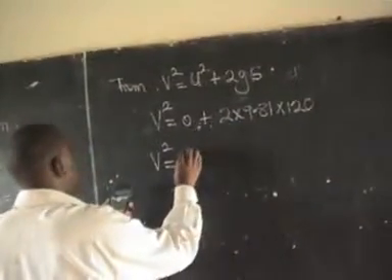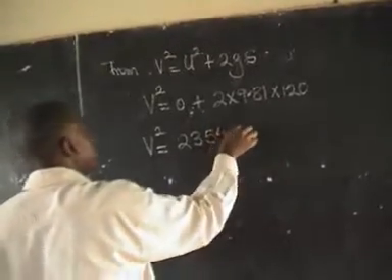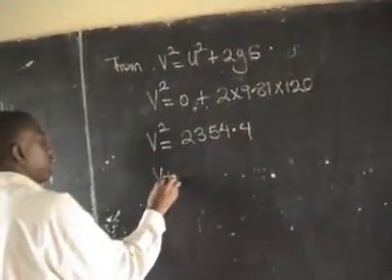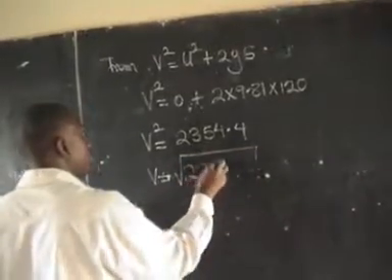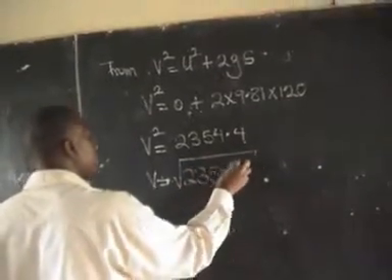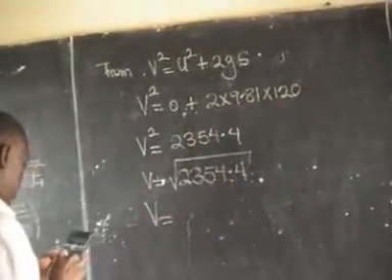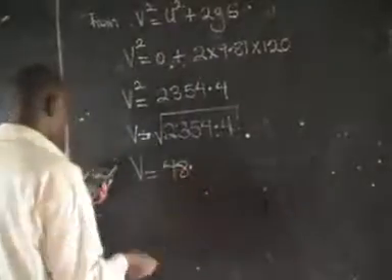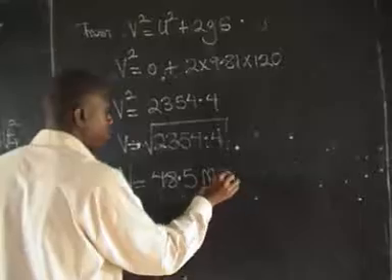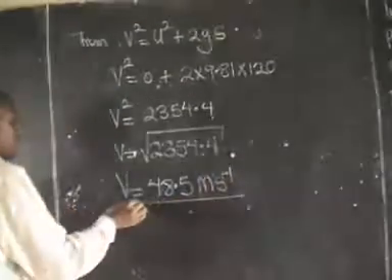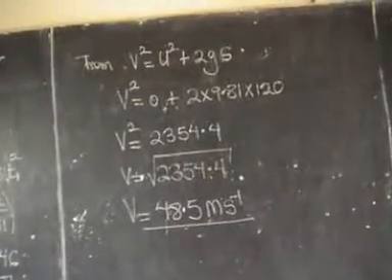So this is 2354.4. Take the square root of 2354.4. So we shall get our v as 48.5 meters per second. So that is the velocity with which the body will hit the ground.